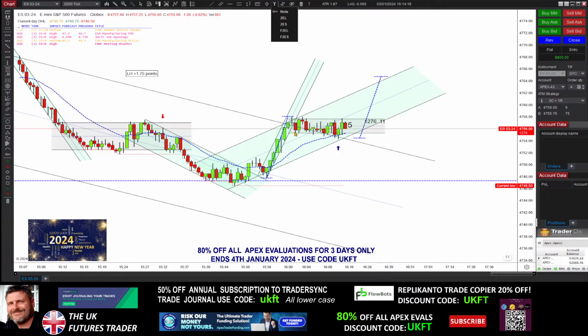Leg. You could call that a touch, triple test, maybe. I don't know. 3 ticks.